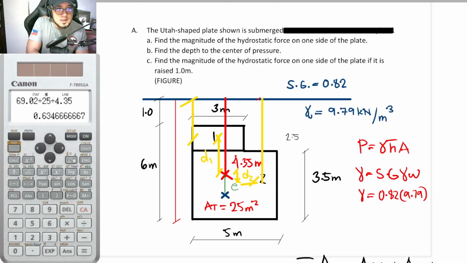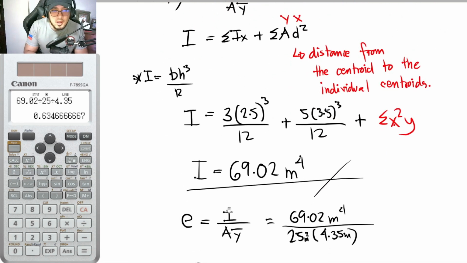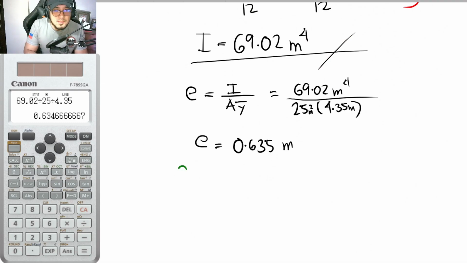Since our eccentricity E, so yung nasolve lang po natin is this value, but the unknown here must be measured from the surface up until this pressure. So kung kanina man yung bar H natin, yung bar H natin is 4.35 or yung bar Y natin is 4.35, kailangan natin idagdag yung eccentricity. So with that, the location, so CP is now equal to, so center of gravity plus eccentricity.